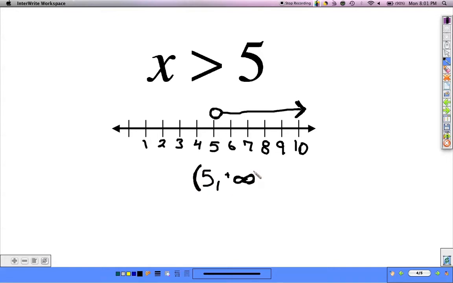And of course, for positive infinity, since it's a concept and not a number, we just want to also have the curved parentheses. And that's it. X is greater than 5. That's saying our solution set runs from 5, non-inclusive, to infinity. Any number from above 5 up to infinity is a solution to that inequality.